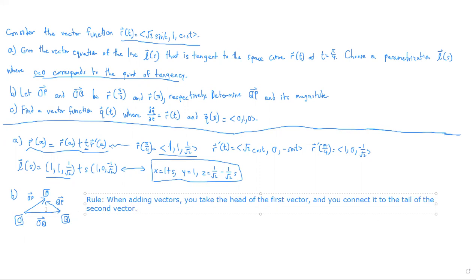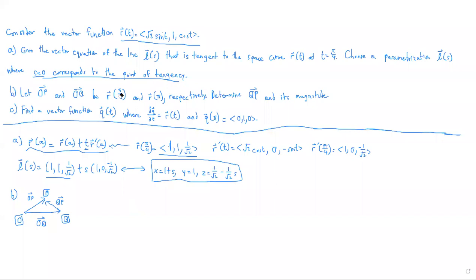And your sum goes from the tail of the first to the head of the second. Applying that here, that means we have OQ plus QP is equal to OP.